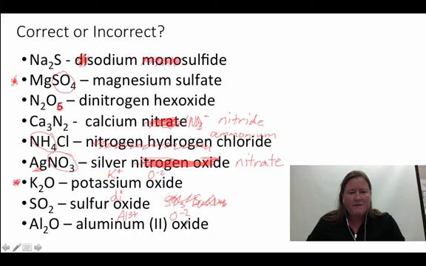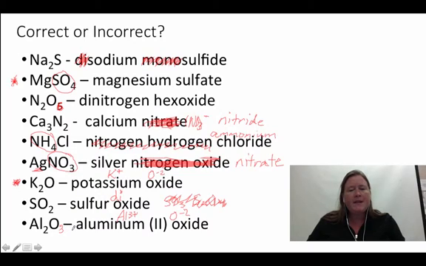That does not fit what is here. So this is not the correct formula for a compound containing aluminum and oxygen. I would have to add a 3 right here. Al2O3 would be the right formula.